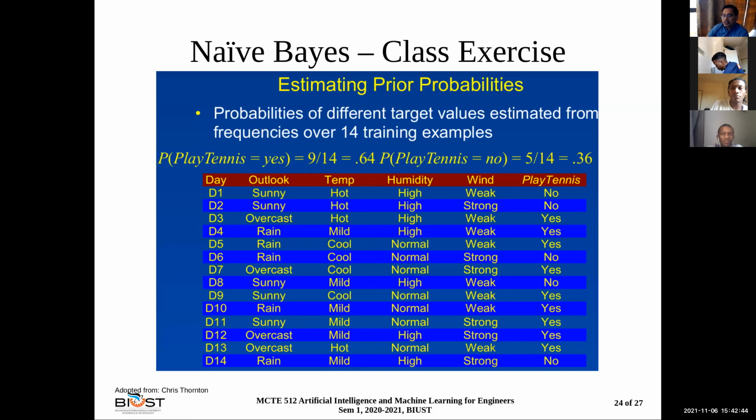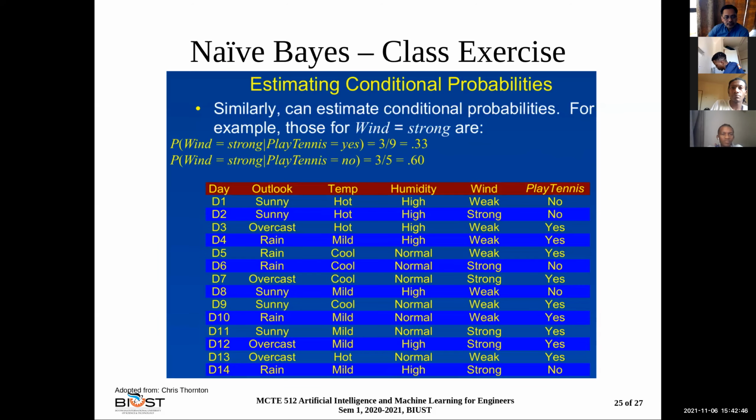This is just a way of again emphasizing how you're going to take the probability. In this case, given that playing tennis is yes, what is the probability that the wind is strong? For the yes, you look at the wind that is strong.